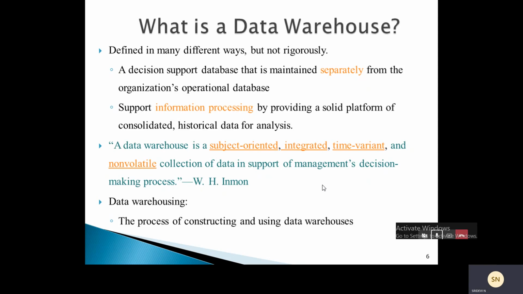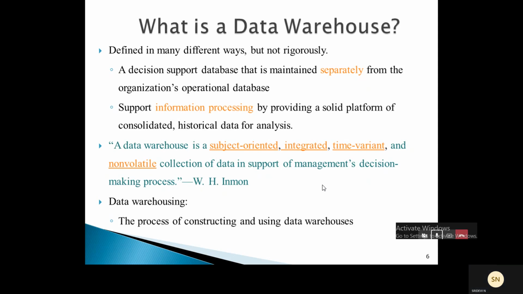According to a leading architect, William H. Inmon, how is a data warehouse defined? He defined it as a subject oriented, integrated, time variant, and non-volatile collection of data in support of management's decision making process.